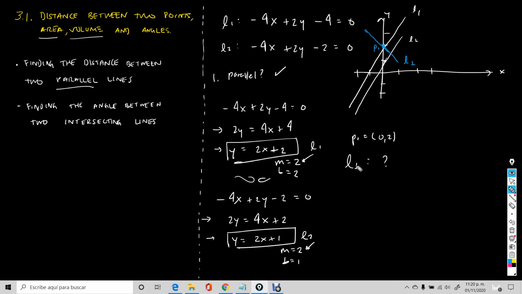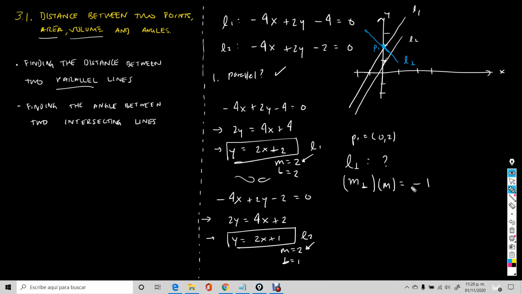Okay, so first, let's see. If we know that this line is perpendicular to both L1 and L2, that means that its slope has the property that when you multiply it with either of these slopes, the result has to be minus 1.